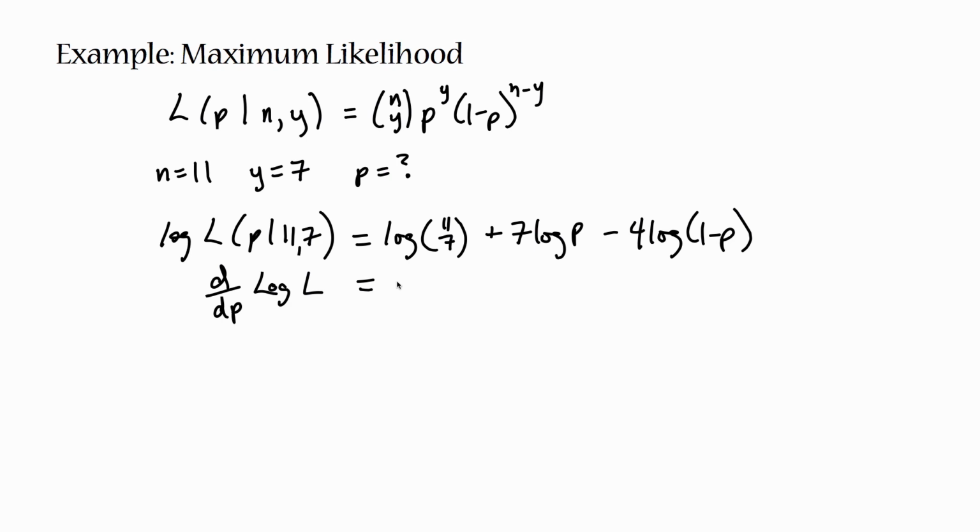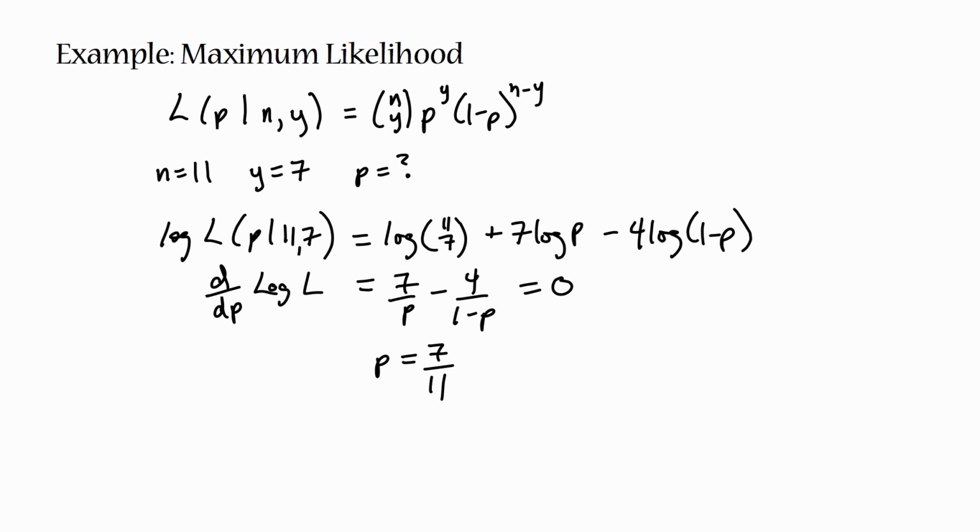The first term just goes away, so I get 7 over p minus 4 over 1 minus p, and I set it to 0 to find where the maximum is, which returns p is 7 over 11, which is probably what your intuition told you right away.